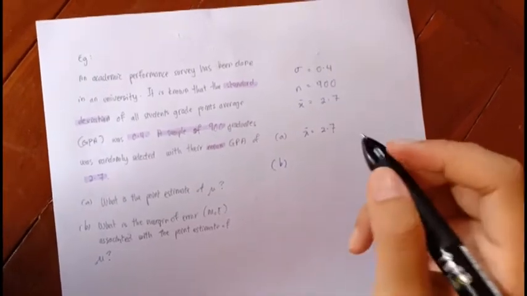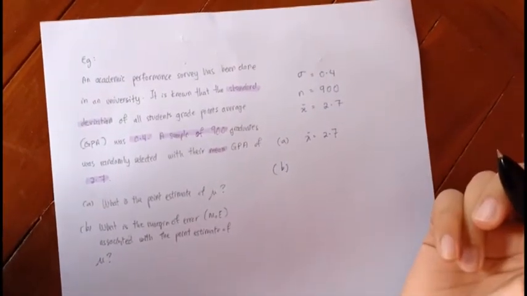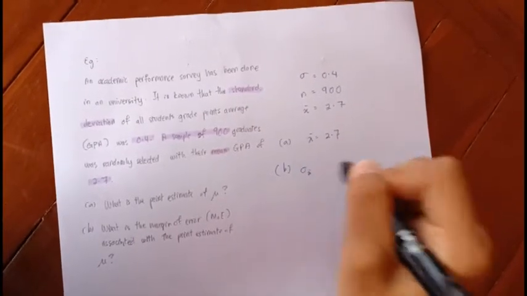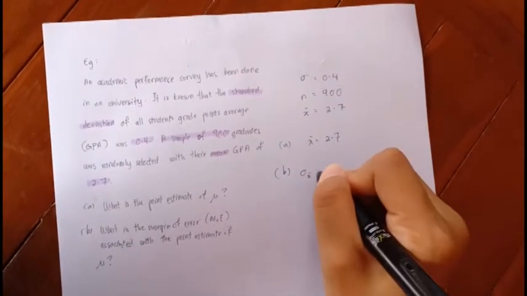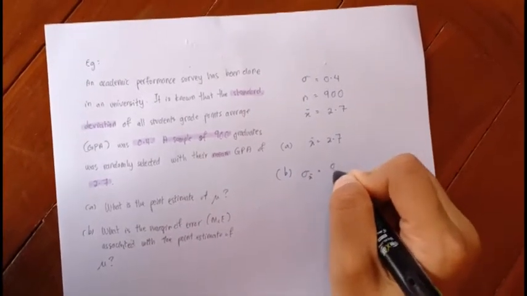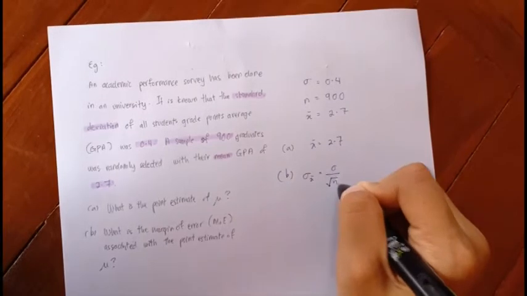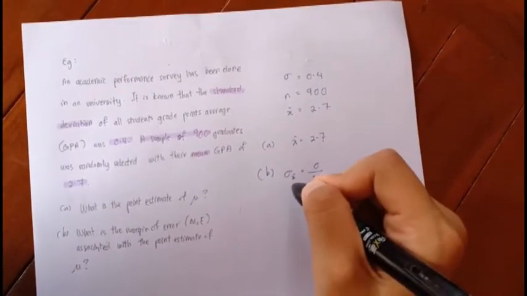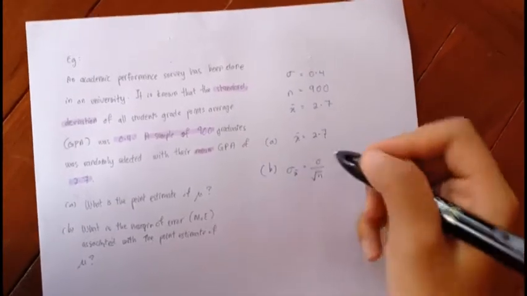First, we have to find the standard deviation of the mean. This is the usual formula to find the standard error of the mean.